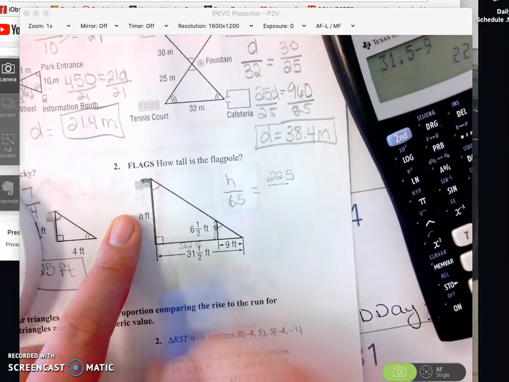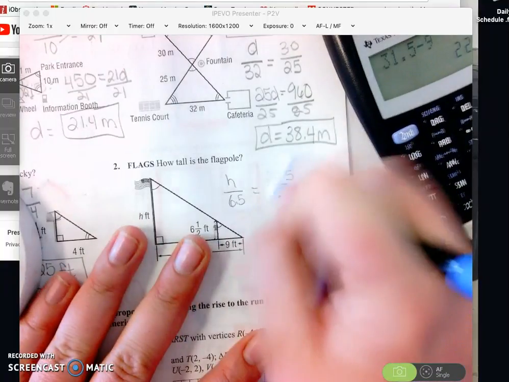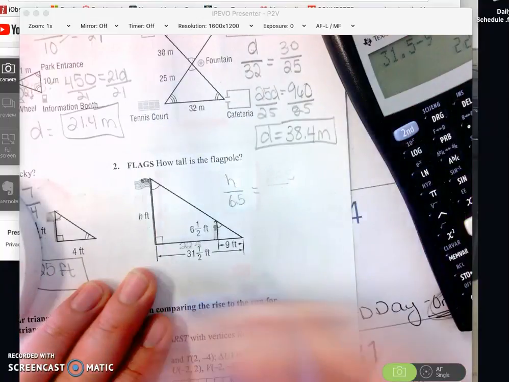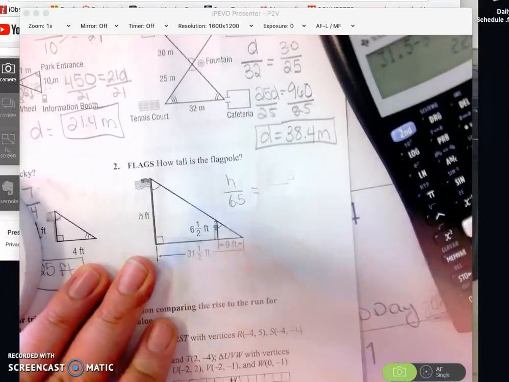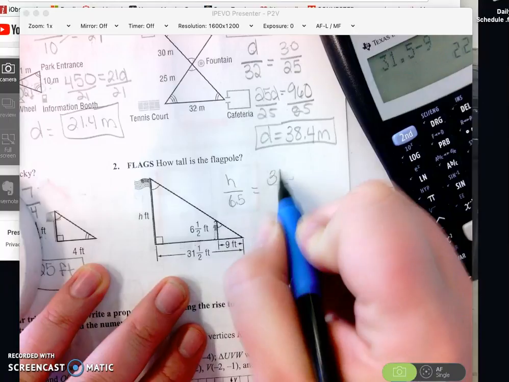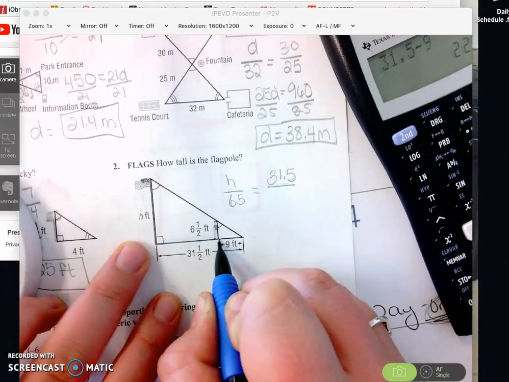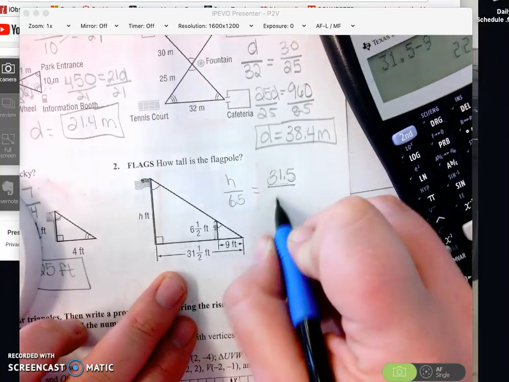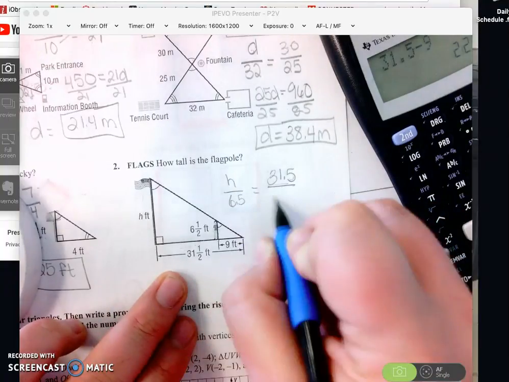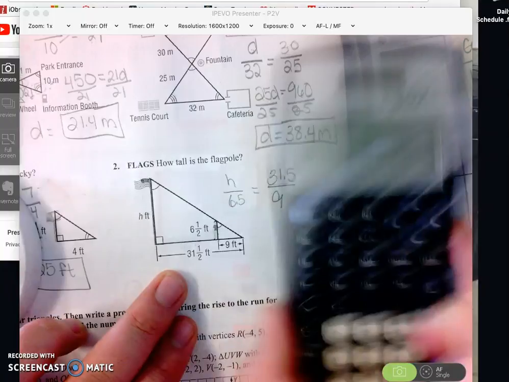Oh, but I need the whole thing. Oh gosh, sorry. Should have done. So the whole thing is 31.5 feet. Sorry, they're just overlapping. I don't want to just go from here to here. So sorry about that. And then 6.5 to 9. Again, cross multiply.